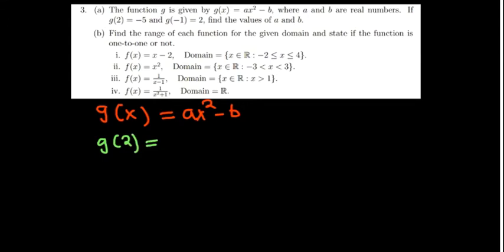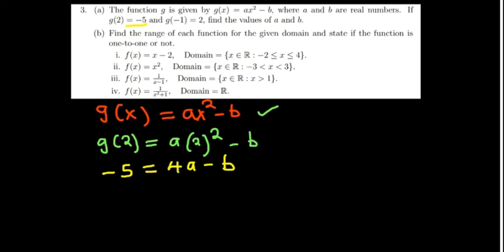So we look at the function itself: a, where there's x we are putting a 2, so it will be 2 squared minus b. The result in the question has been given to be negative 5, so put negative 5 on the left. Negative 5 is equal to, now 2 squared is 4, so we have 4a minus b. So we have our first equation.